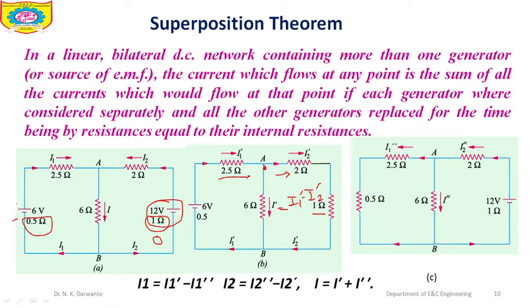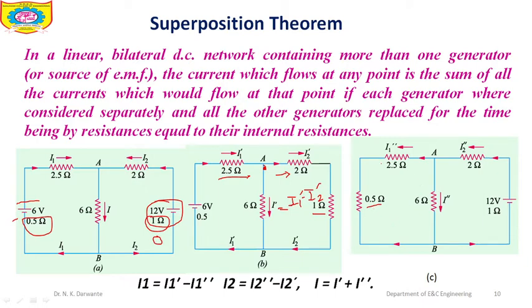Now here we have to remove the other voltage source, that is the 6 volt source. Now here you can see the diagram for that. Here 12 volt is kept as it is with 1 ohm resistance. Then here we have to replace the previous EMF source by its equivalent resistance, that is 0.5 ohm.